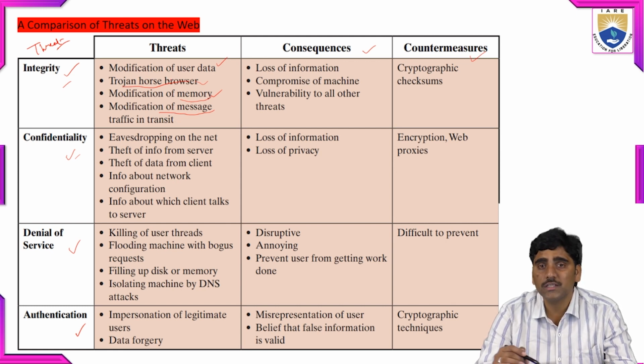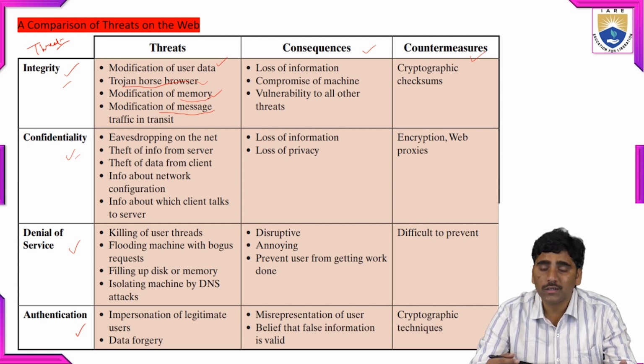Based on these integrity threats, what are the consequences we are going to face? Obviously, if an attacker modifies the user data, automatically we lose some information, because the machine is compromised.